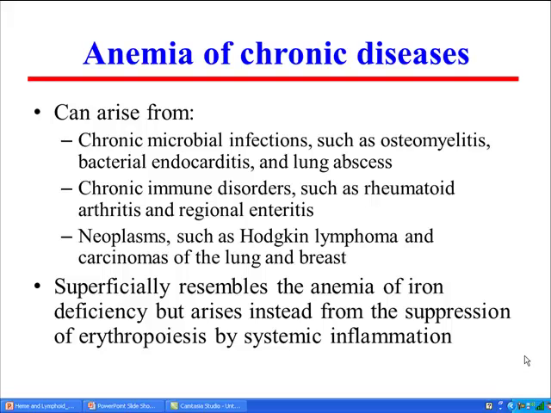As in anemia of iron deficiency, the serum iron levels usually are low in anemia of chronic disease, and the red cells may be slightly hypochromic and microcytic, but unlike iron deficiency anemia, the storage iron in the bone marrow is increased.